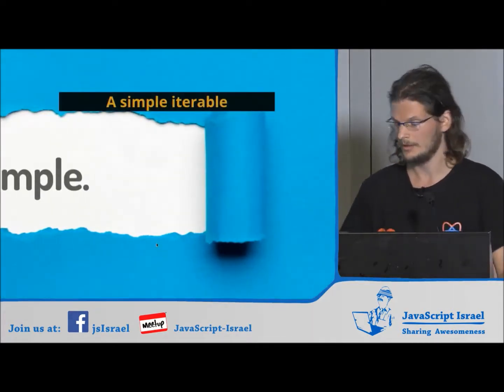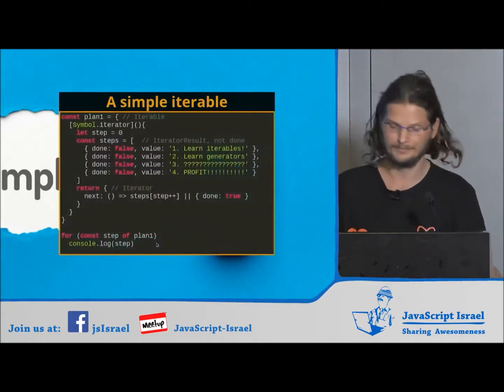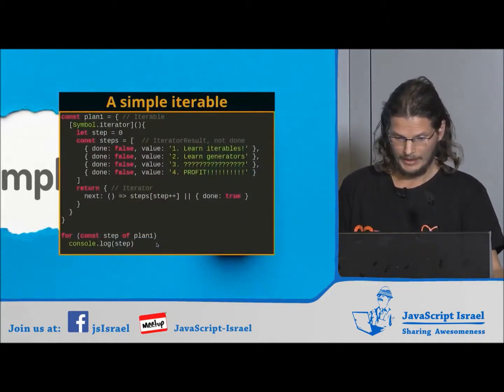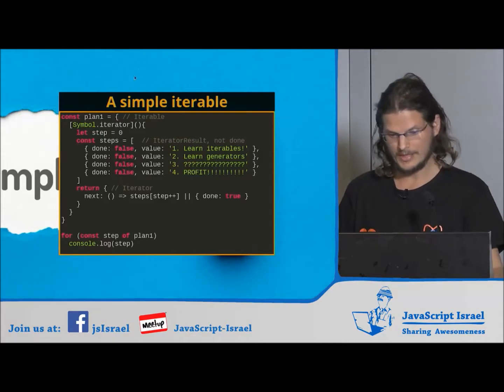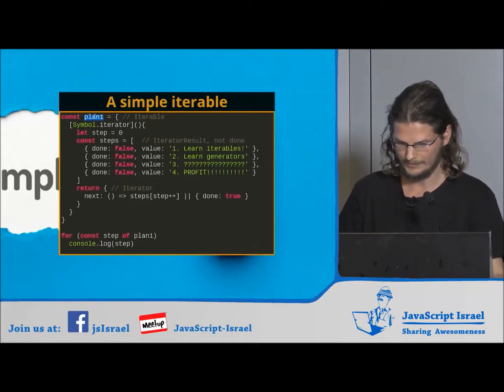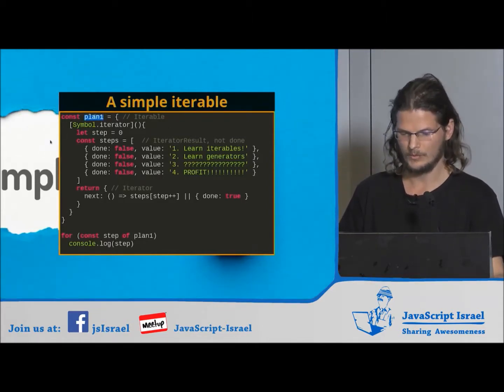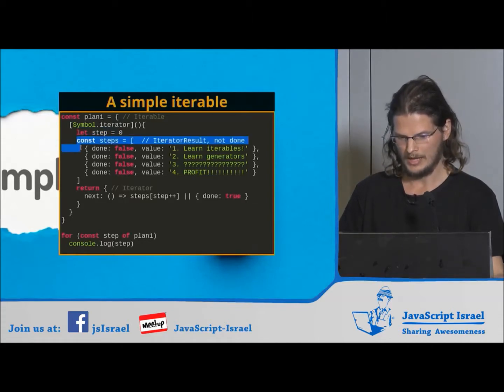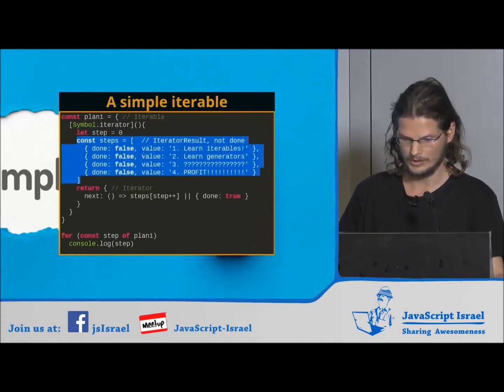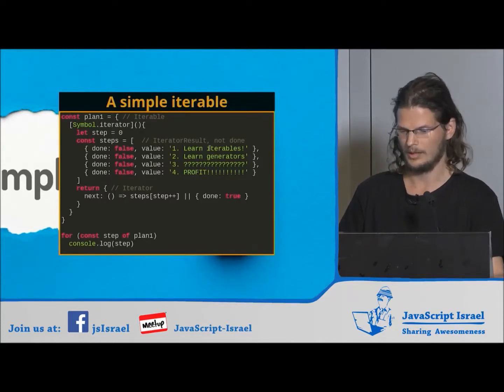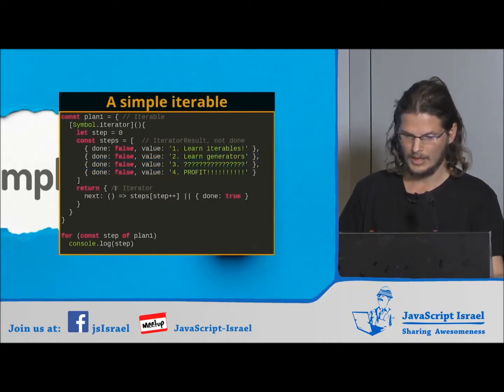So, let's make a simple iterable. And this is our plan. Plan 1. This is our iterable, which has a symbol iterator property, which is a function, which does some initialization, defines our steps, which are not done, not done, not done, not done, have different values.